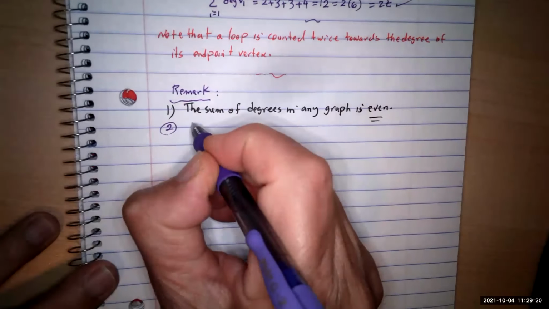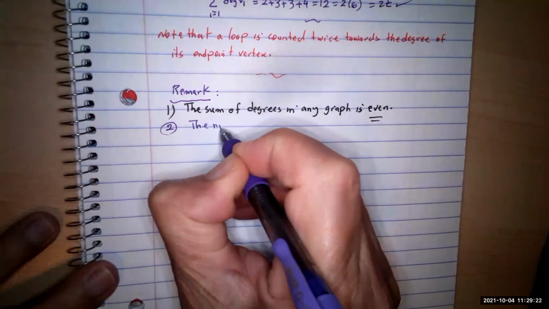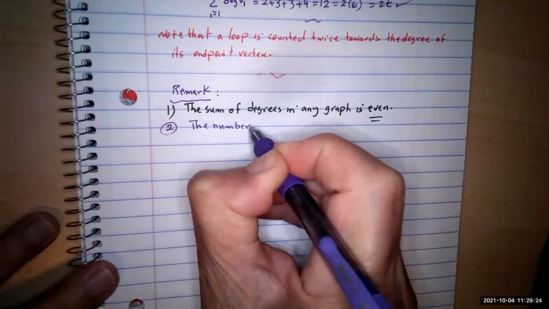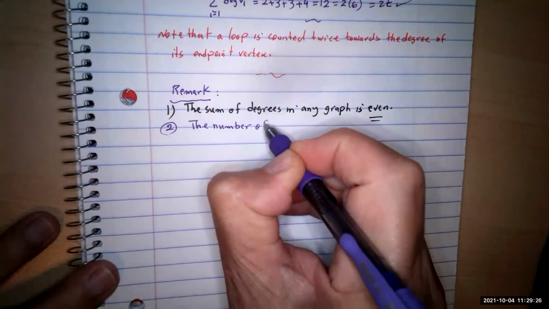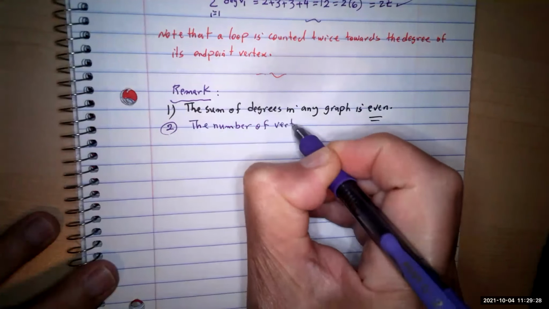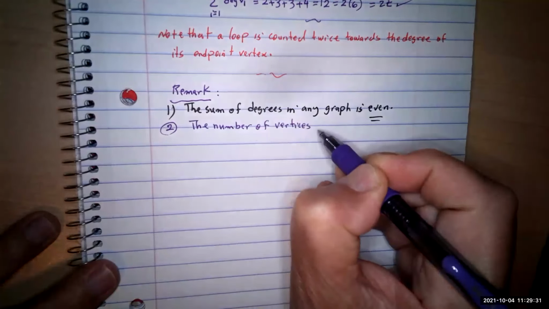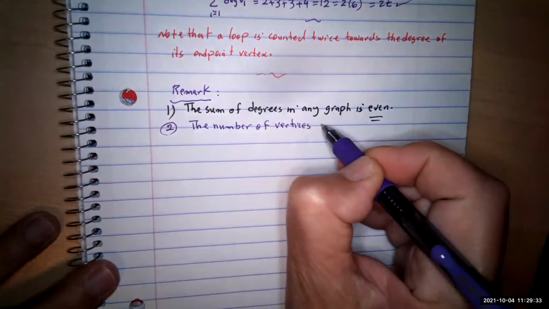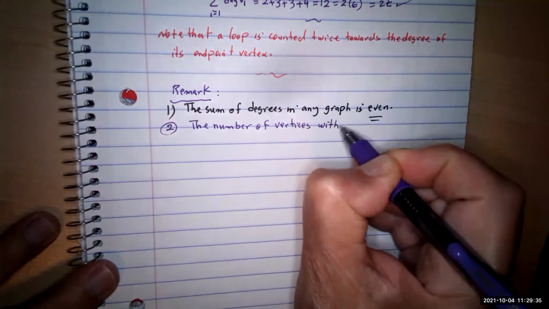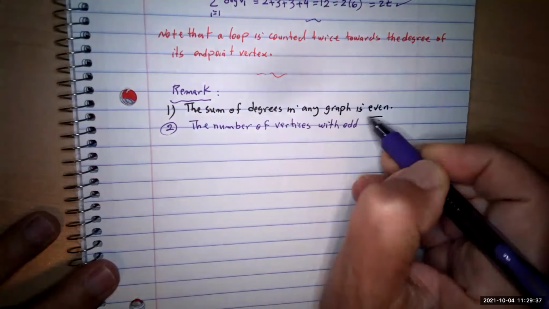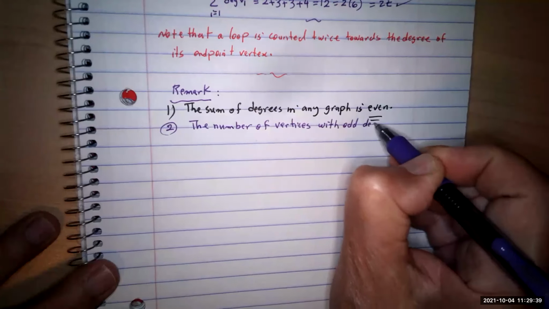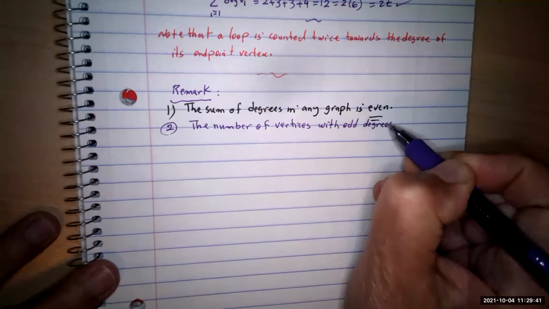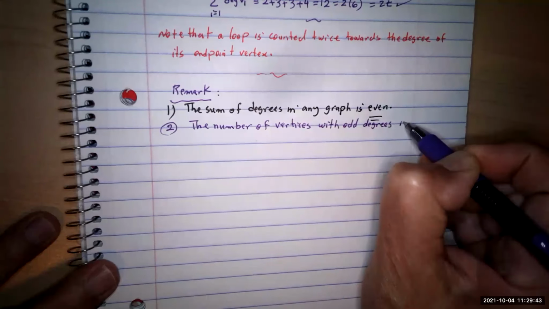You see, that's interesting. It's one of the problems in your book. The number of vertices with odd degrees must be even in a graph.